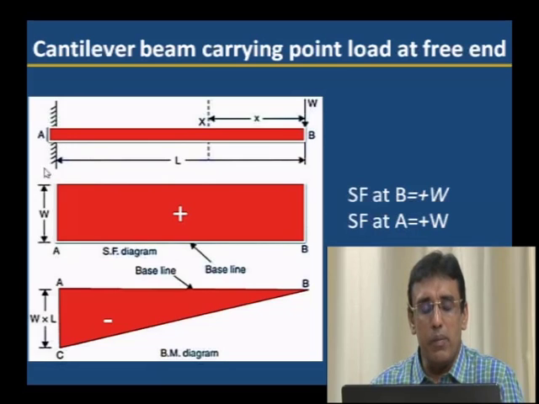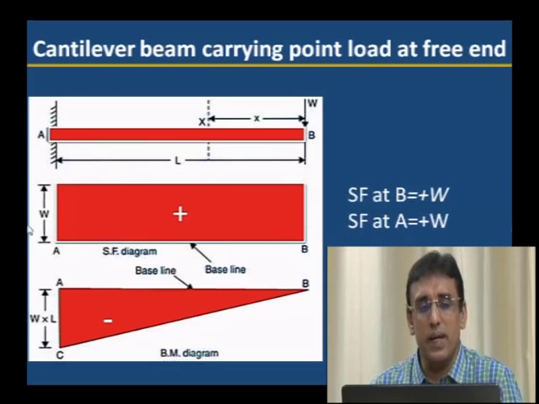Bending moment at A: force is W, distance is L, so bending moment at A is W into L. Therefore the bending moment diagram is triangular, with maximum bending moment at A and 0 at B.